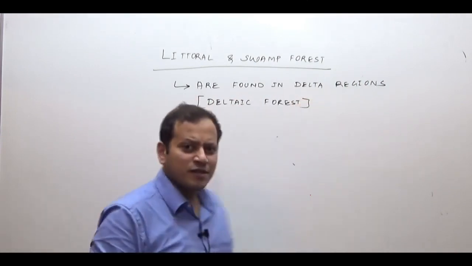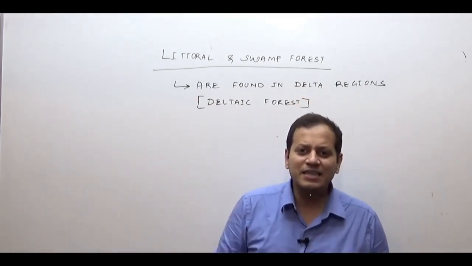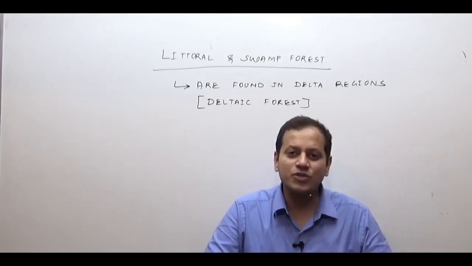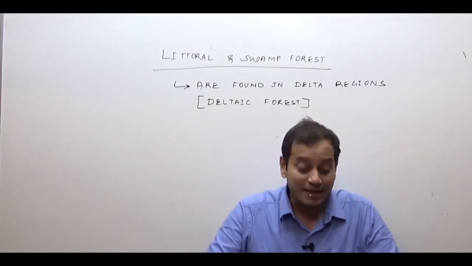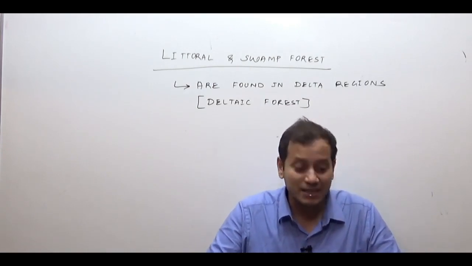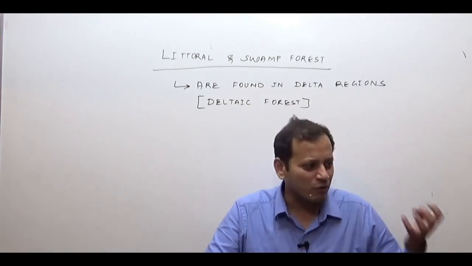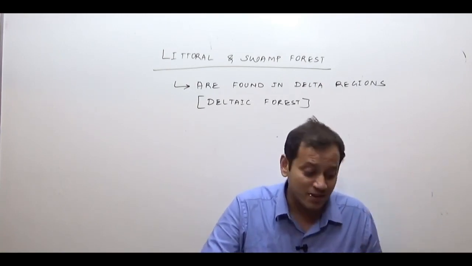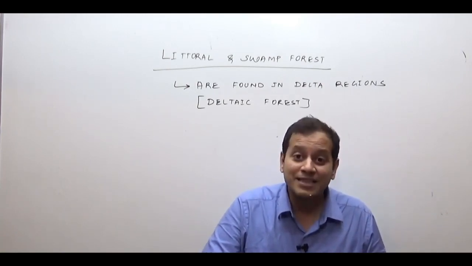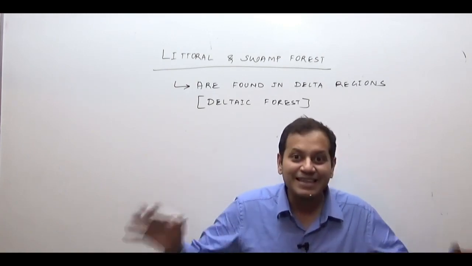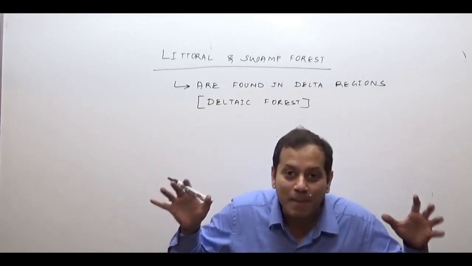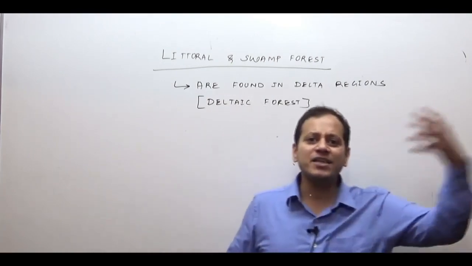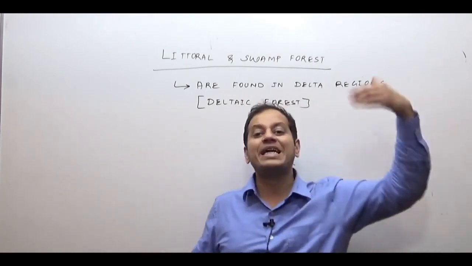How is this forest different? What is in the delta region? It is an extremely marshy land where the soils are waterlogged, and even in such conditions, not all plants can thrive. Such marshy land is found in the delta regions, and it is also found in the inland wetland regions.